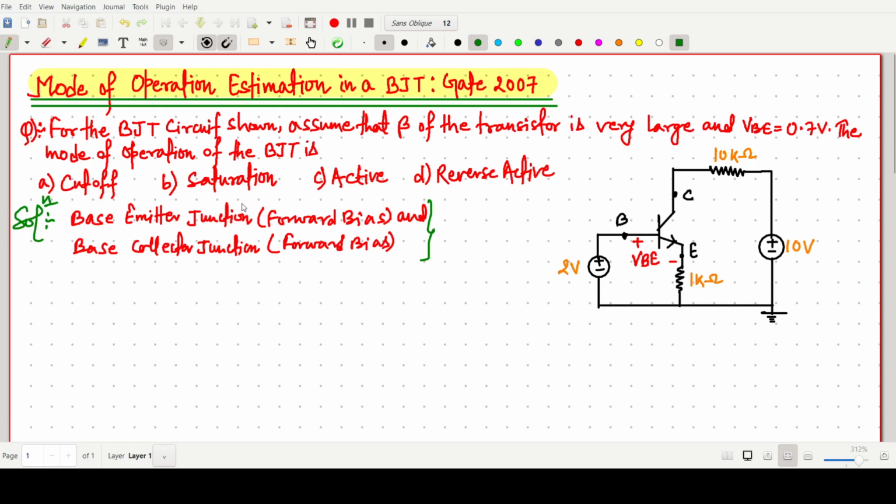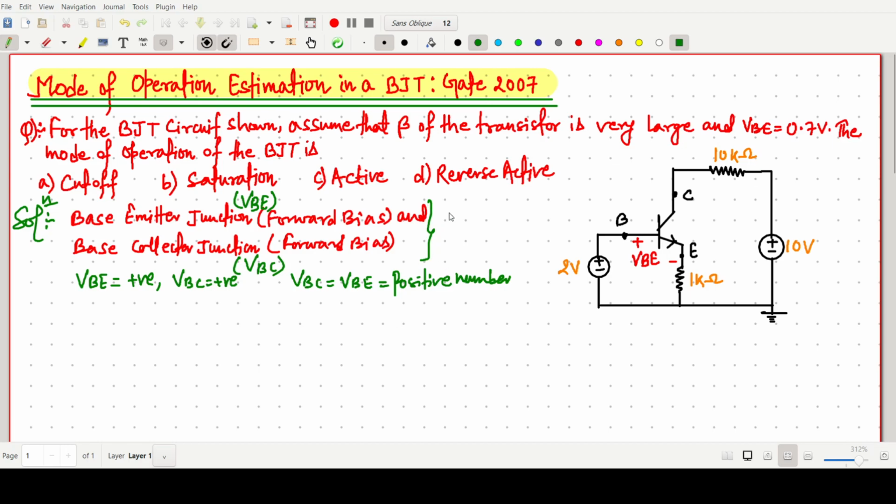One can write this as VBE and this as VBC. When both are forward biased, or we can say VBE is positive and VBC is also positive, like 0.7 or 2 or 3, both should be some positive numbers.